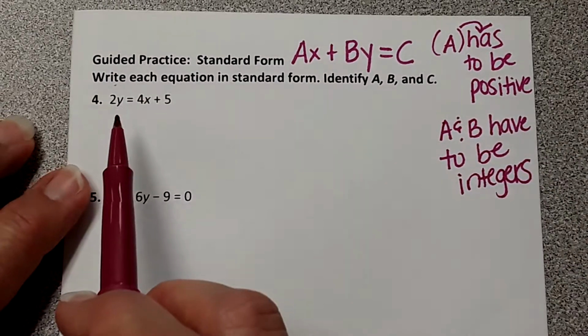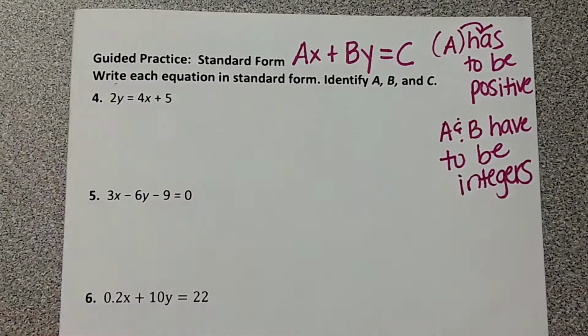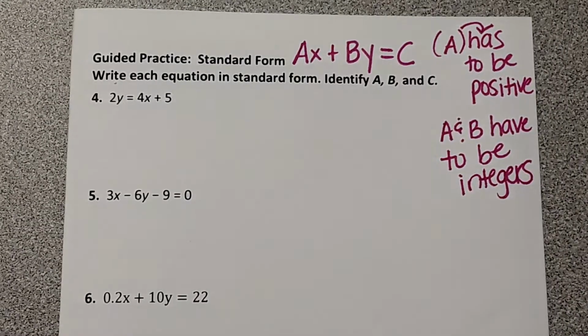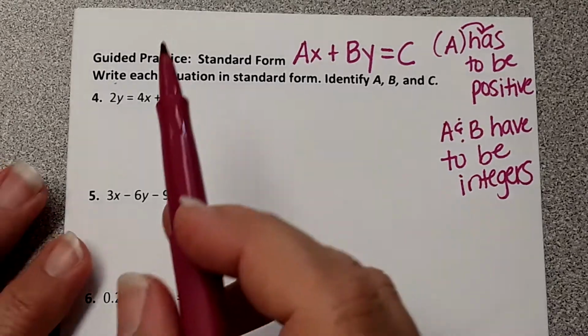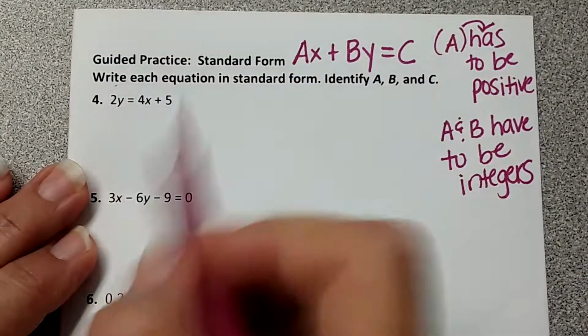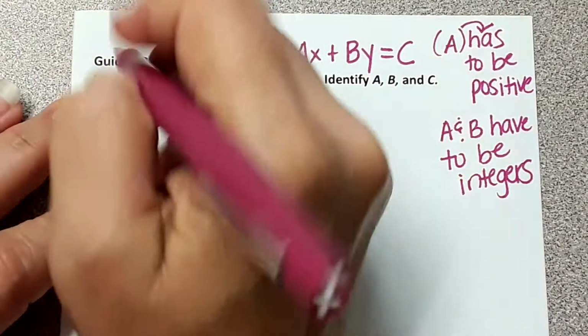So when you look at number 4, see how X is on the other side of Y? We have to move that X from the right-hand side to the left-hand side. So if you have 4X and I need to get it to the other side with the Y, remember A. If 4X is positive, when I move it, what is it going to be?